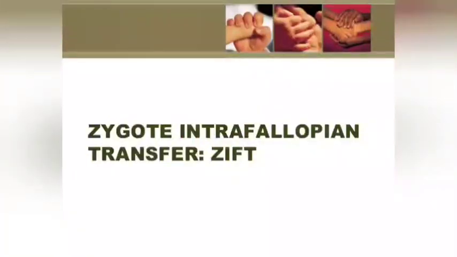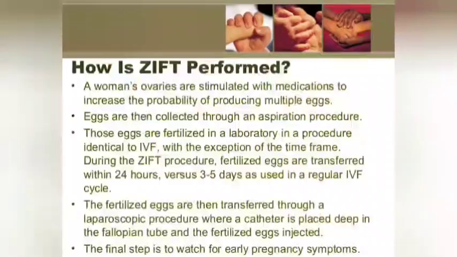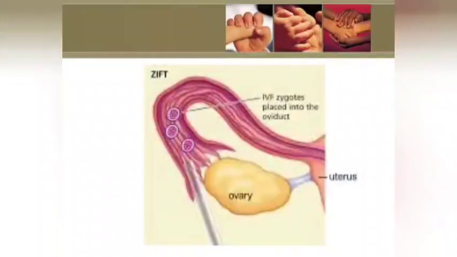Next is ZIFT, that is zygote intrafallopian transfer. This technique is a mixture of IVF and GIFT, because eggs are taken out, they are fertilized in the laboratory, but like the GIFT process, the fertilized eggs are transferred within 24 hours after fertilization, and are transferred through a laparoscopic method directly into the fallopian tube.